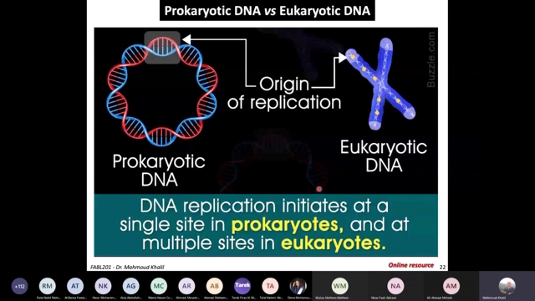As well, you can see a major difference between prokaryotic DNA and eukaryotic DNA. The prokaryotic DNA has only one origin of replication, while eukaryotic DNA has multiple origins of replication. That means the prokaryotic DNA starts replication from only one site, while the eukaryotic DNA has multiple sites for the origin of replication.